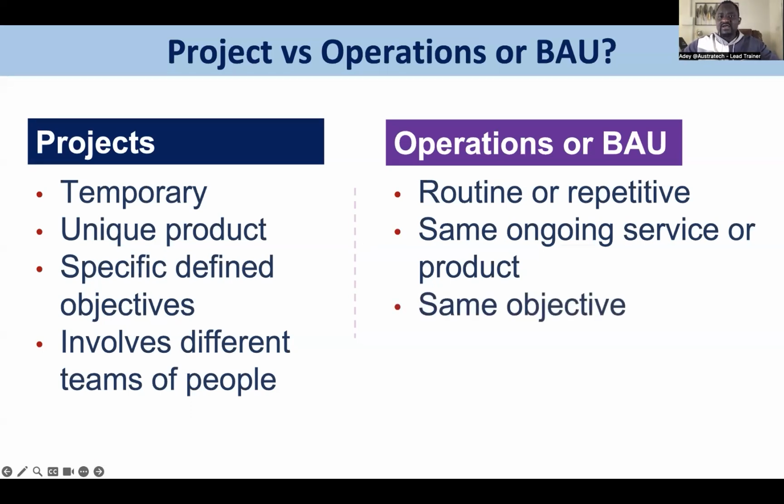So with operations or BAU, it's the same objectives, same marketing, same accounting, same sales, same service desk support and services on a daily basis. It's also going to be the same team in accounting, same team in marketing, same team in IT, carrying out the same ongoing and repetitive tasks on a daily basis.